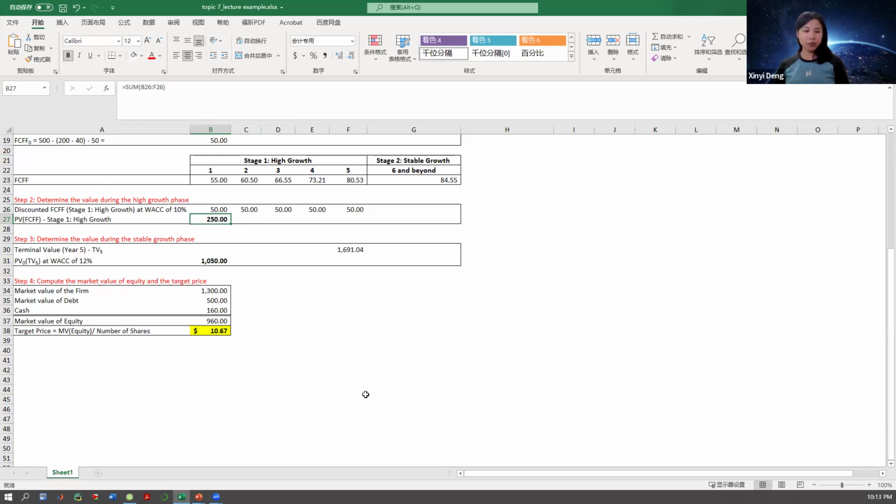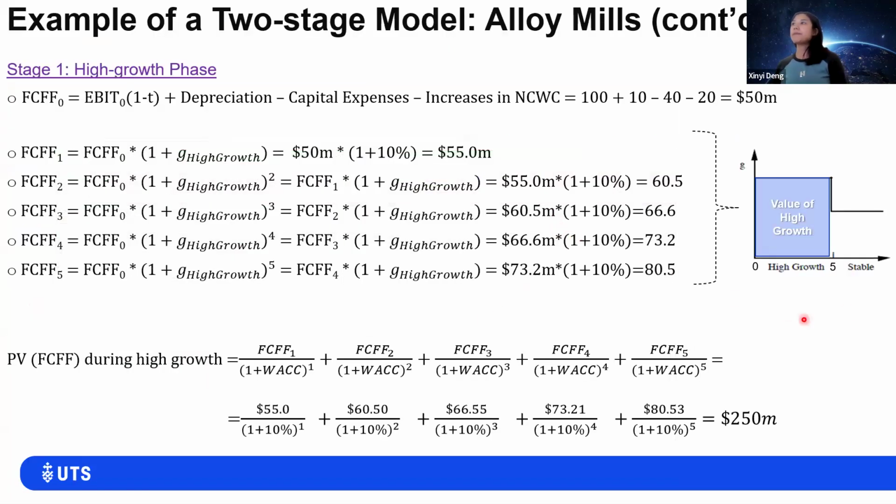Now, again, let's go back to the slides. Let me fix this. Okay. Now, this is stage 1.